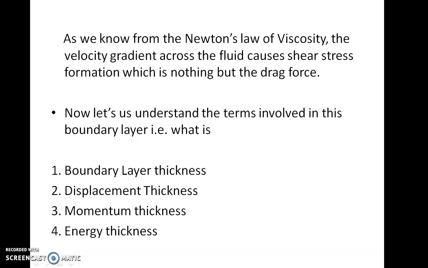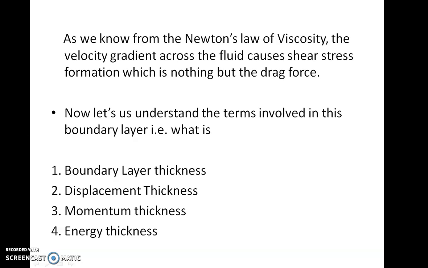So we can't avoid the boundary layer formation. Boundary layer formation will be there. We can only have some methods to deal with that. So first, as we have studied, this boundary layer is formed between the zero velocity and maximum velocity in the previous figure.